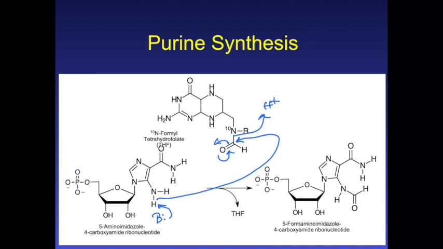Okay. Why do I add that formyl group to the bottom nitrogen and not to the top nitrogen? In actuality, the top nitrogen may be a little bit more reactive because the first step is deprotonate, right? The nitrogen that is attached to the carbonyl is actually more acidic, easier to deprotonate than the one that is down because there's a resonance form.